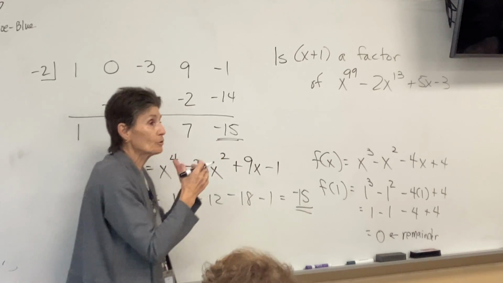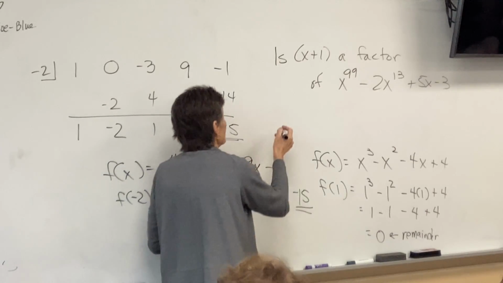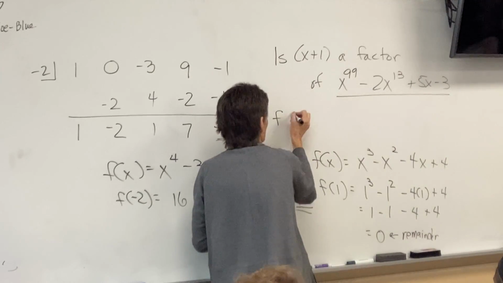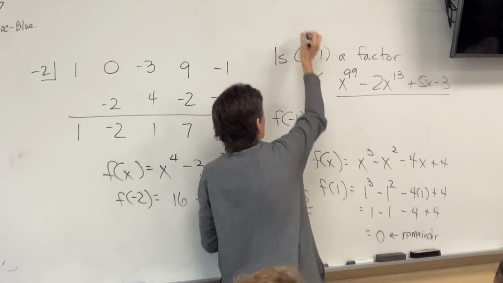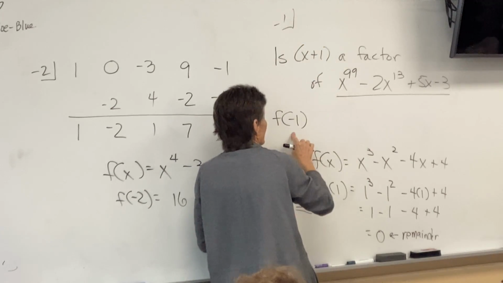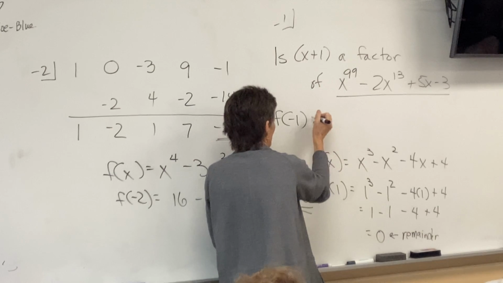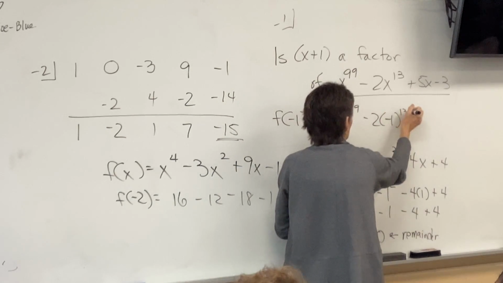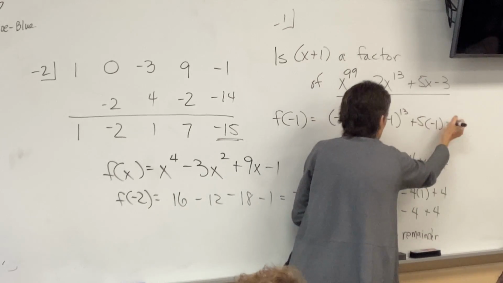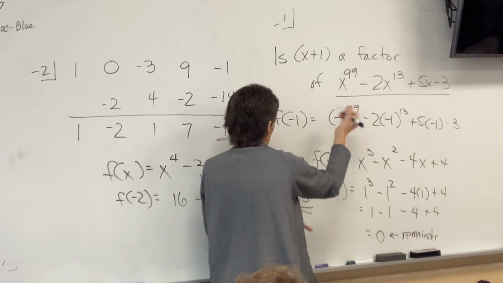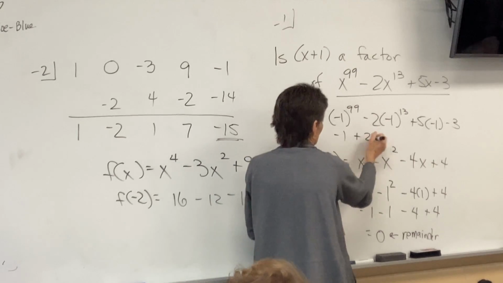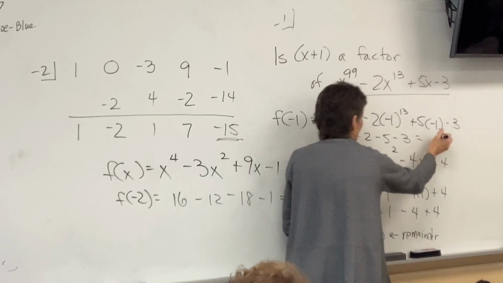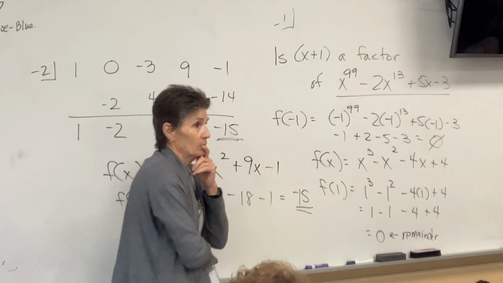So it's helpful to remember, if you can, that if you treat this like a function and plug in the number that you would have put in the box, then you don't need to worry about the zeros. You would just plug this in. And get your answer, which is no, because the remainder is not 0.